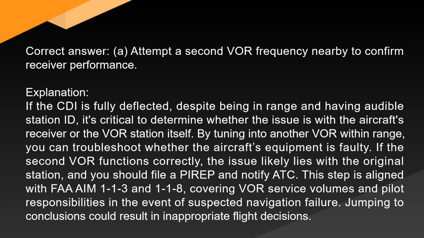If the second VOR functions correctly, the issue likely lies with the original station, and you should file a PIREP and notify ATC. This step is aligned with FAA AIM 1-1-3 and 1-1-8, covering VOR service volumes and pilot responsibilities in the event of suspected navigation failure. Jumping to conclusions could result in inappropriate flight decisions.